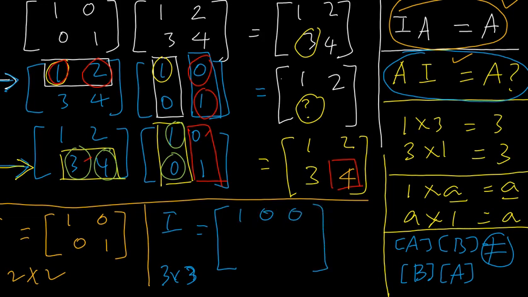And then here 0, 1, 0, 0, 0, 1. Yeah, this is the identity matrix. Actually, very easy to understand. You must start with the 1 here, the main diagonal. And the rest is 0.